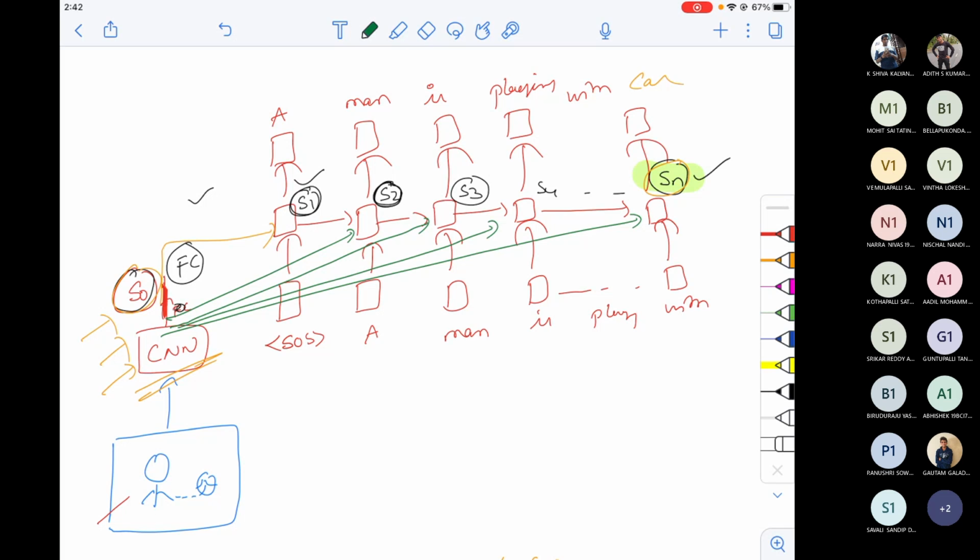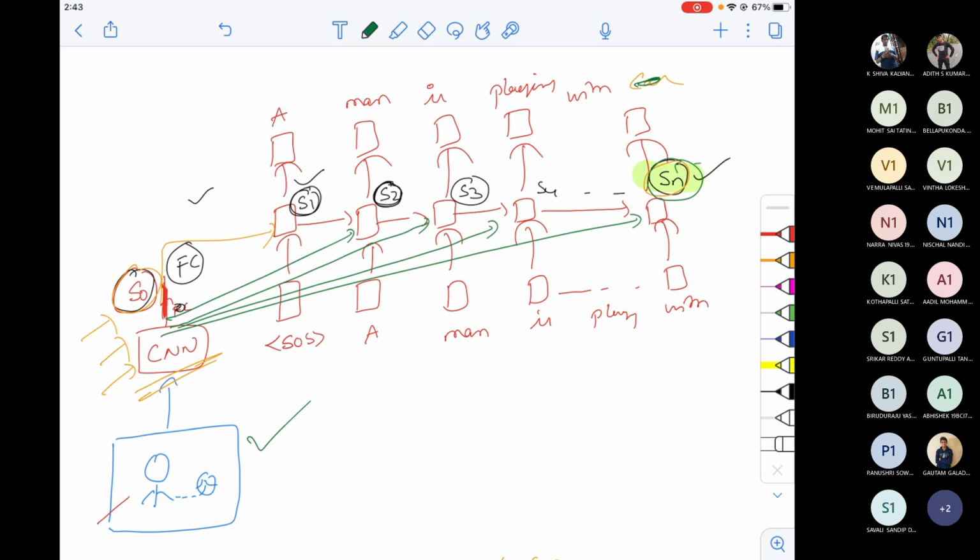What happens with this? If I connect like this, even to generate a particular word in the last state, this particular state SN will know the complete abstract representation of the image. The transformations will be very, very less.